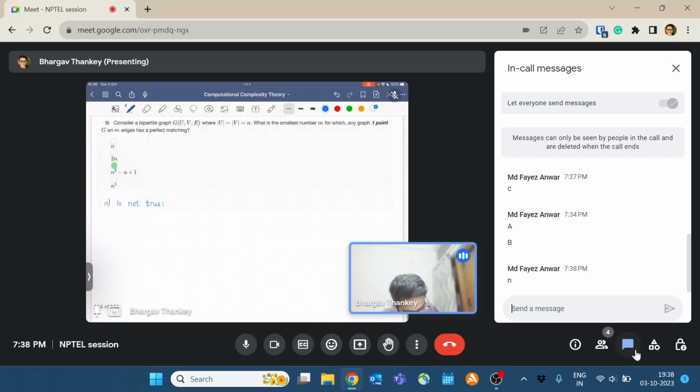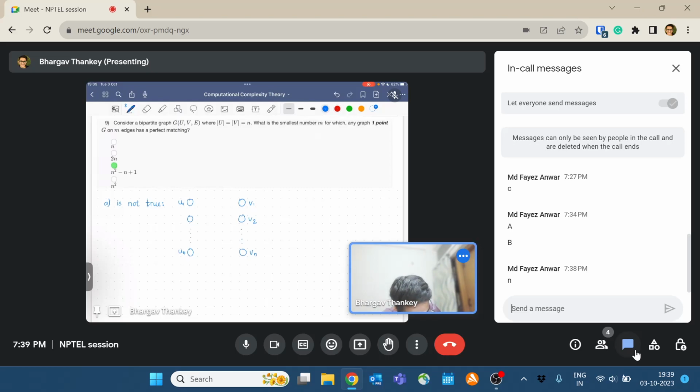Because all I can do is have this graph, U1 up to Un, V1 up to Vn, and construct edges like this.